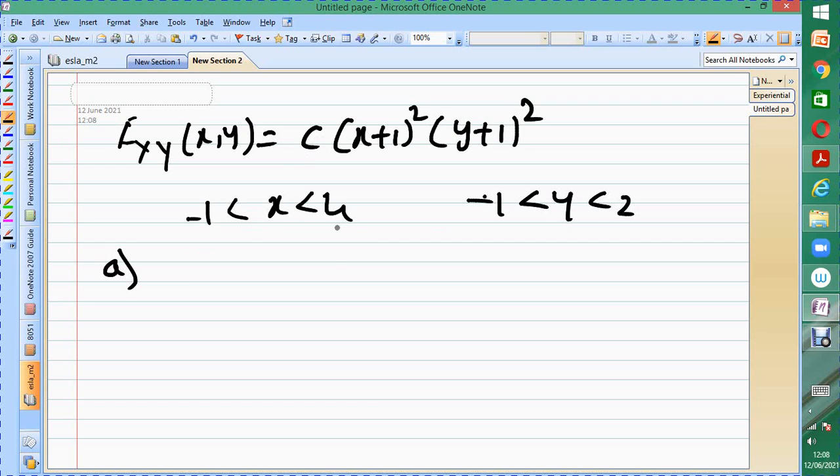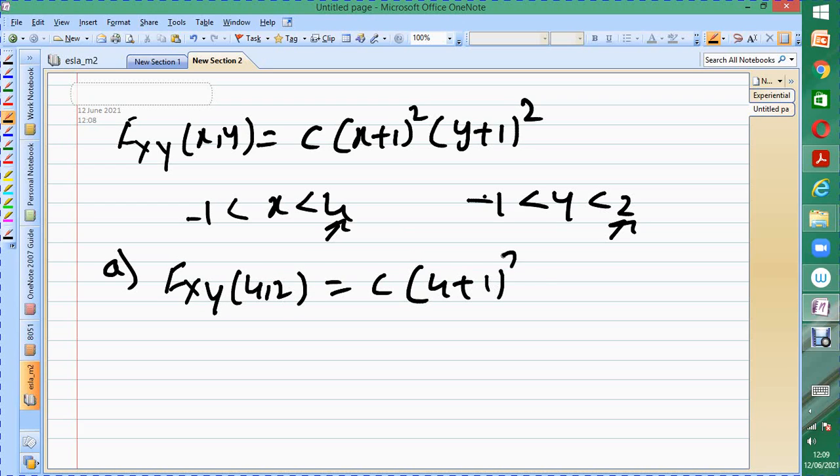We look at the maximum values of x and y which bound the region: x takes the value 4 and y takes the value 2. So we can write the CDF as Fxy(4, 2) = c(4+1)²(2+1)², substituting the maximum values of x and y.